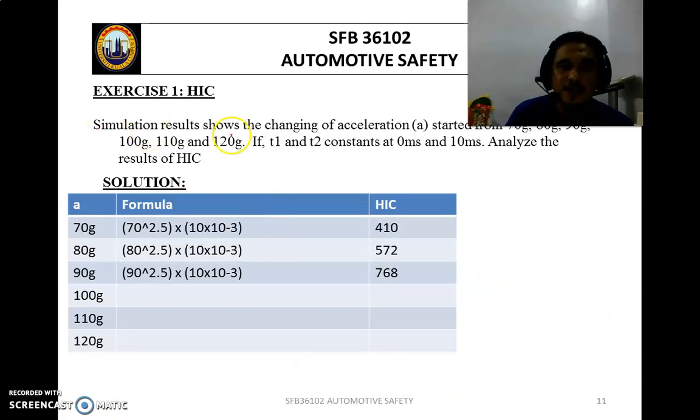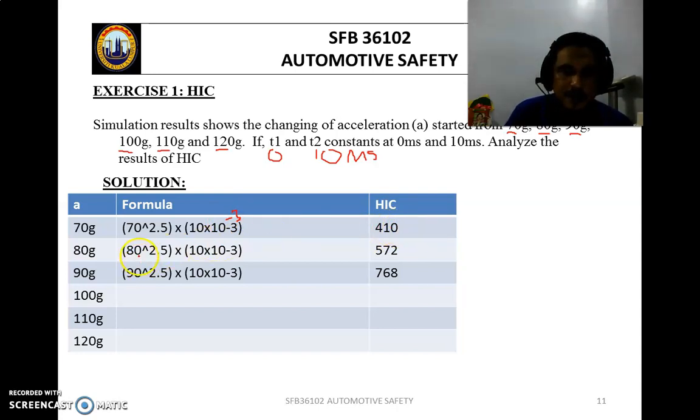Simulation results show the acceleration changing from 70, 80, 90, 100, 110, and 120. T2 and T1 are constant, that means T1 is 0 and T2 is 10 milliseconds. Analyze the result of the HIC. For example, for 70G, 70 to the power of 2.5 times 10 to the power of negative 3, the result is 410.